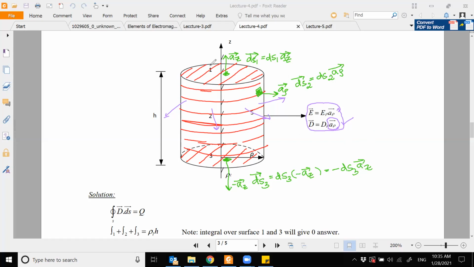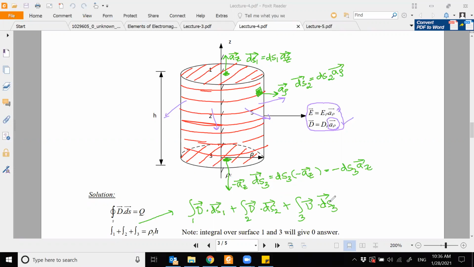Now, what will happen? If I apply the closed surface integral of D bar dot DS bar is equal to the charge enclosed, I will get the integral over 1 of D bar dot DS1 bar plus the integral over 2 of D bar dot DS2 bar plus the integral over 3 of D bar dot DS3 bar.